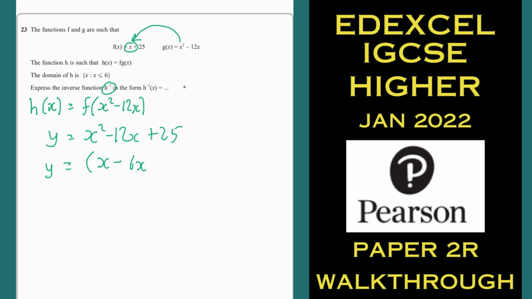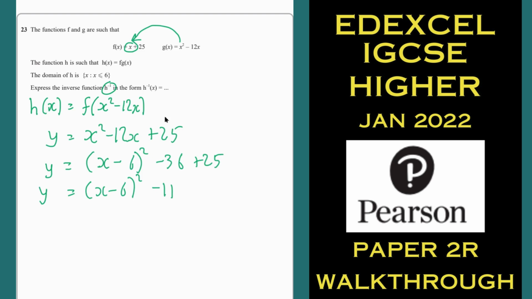What the heck am I doing? I'm doing the thing that I always tell students not to do. I did it, folks, so you don't have to. And so we've got x minus 6 all squared, and that ends up at negative 11.